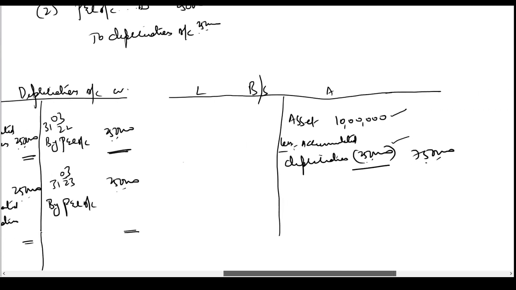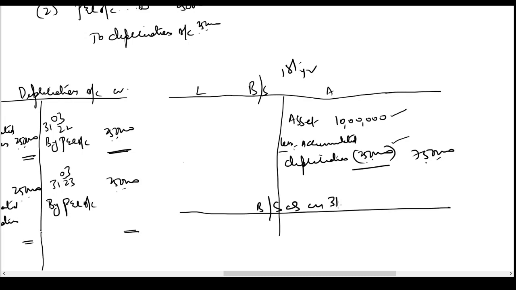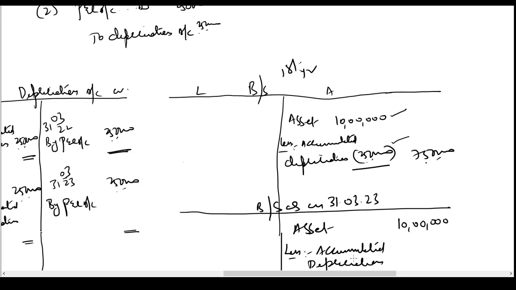Now how do we show it in the balance sheet? This was balance sheet first year. This is balance sheet as on 31st March 23. Asset, inner column 10 lakhs, less accumulated depreciation 5 lakh rupees now.